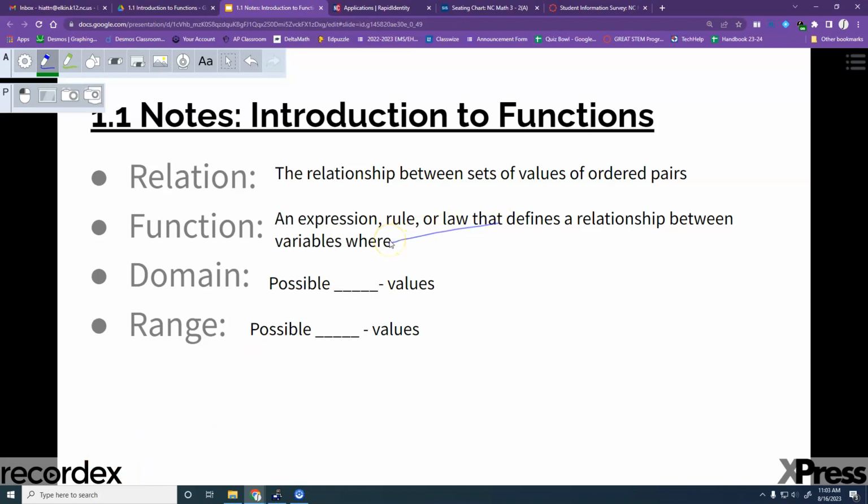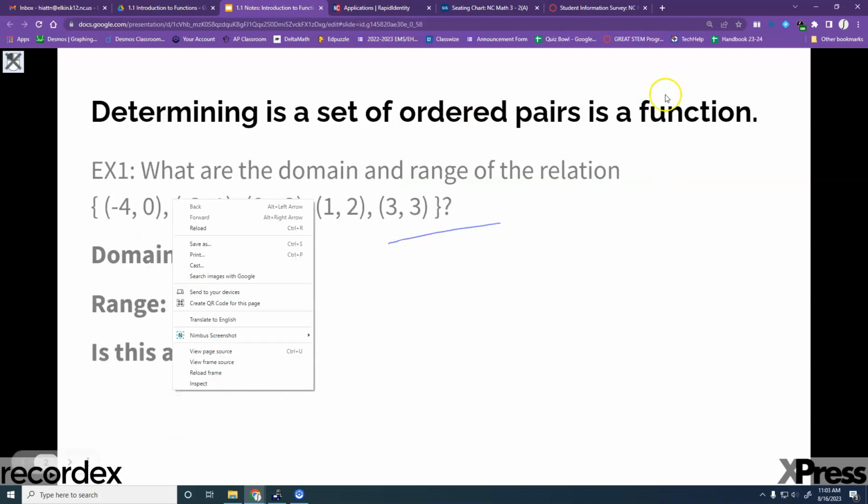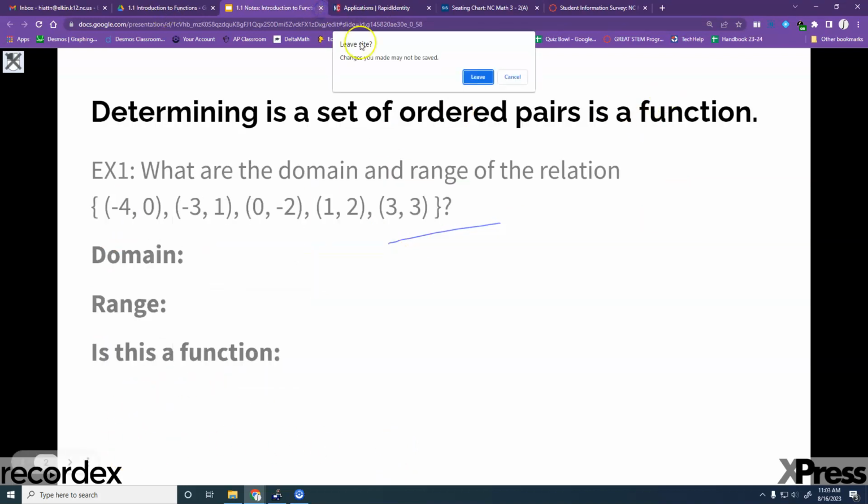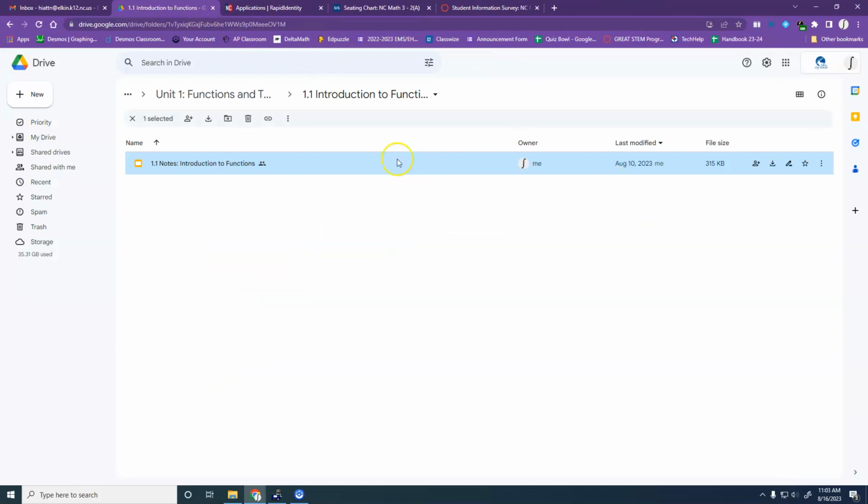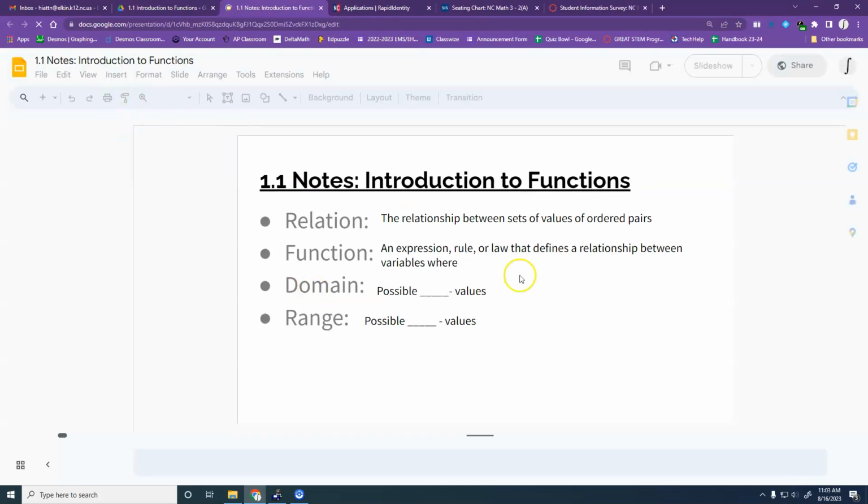Where'd the rest of this go? Did I do it? Hold on. You guys are somewhat lucky that you had me the very first time, not on mistakes that I make during notes, because I make way too many of those. But why is it not going back? I'm not used to using this one. Okay.